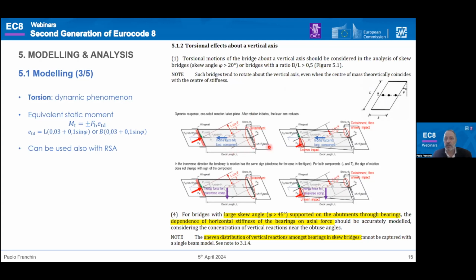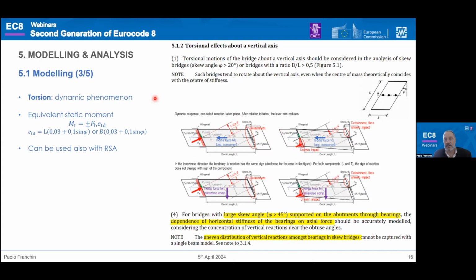This is because you have a resultant of the skew abutment, this is for the longitudinal direction, this is for the transverse direction. In all cases, you always have a resultant that has a lever arm with respect to the center of mass, and this leads to a torsion around the vertical axis and an uneven impact. So it's mainly a dynamic phenomenon.